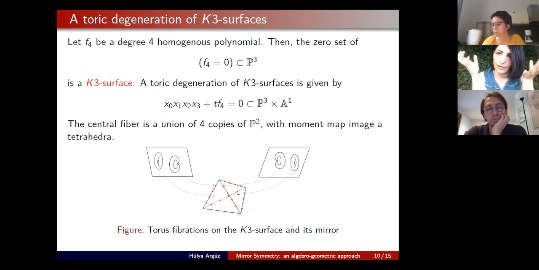There are virtual fundamental classes and it's very difficult to relate them, but the trick I used is to use tropical geometry in between to find a correspondence between these symplectic things and algebraic things. For the Tate curve, it was known what these holomorphic disks are supposed to be. I showed that they could be computed tropically, and then I used these tropical things to show that they can be computed algebra geometrically.